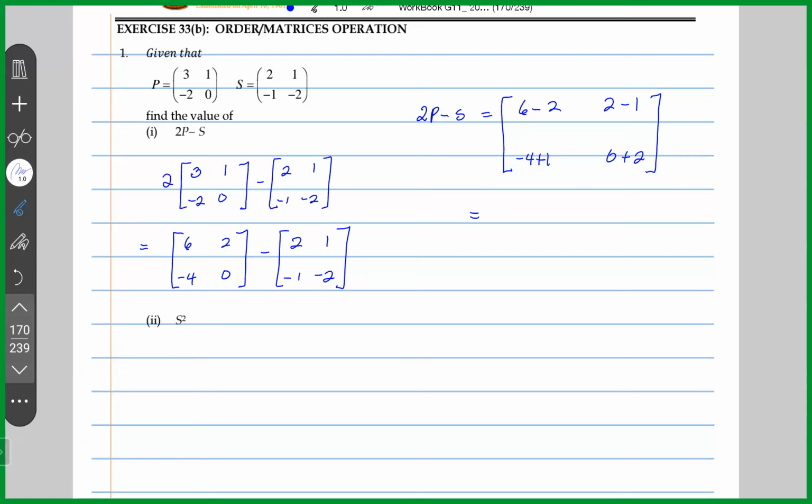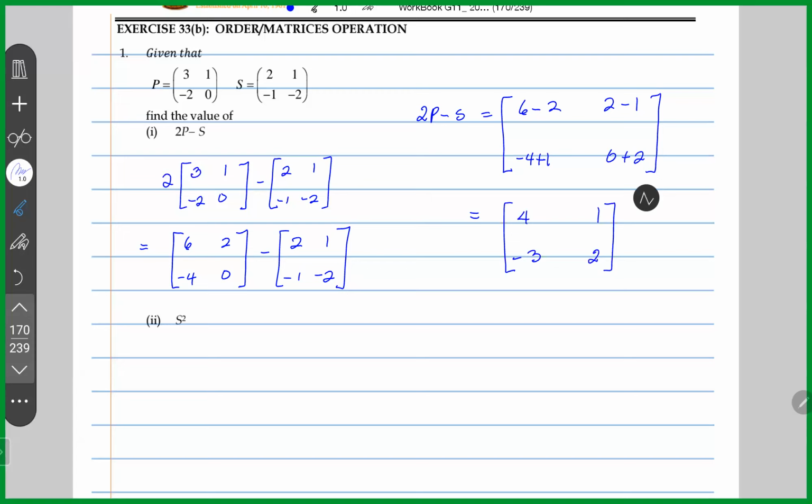And corresponding here means in the same position. So when we're adding or subtracting matrices, we add or subtract elements which are in the same position. So my answer here is 4, 1, minus 3, positive 2.